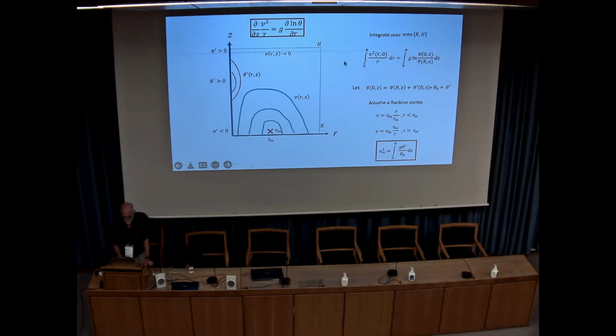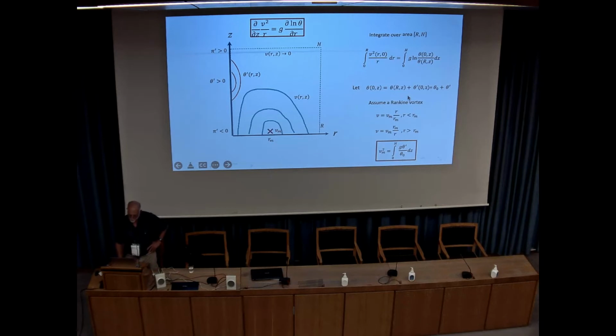Then integrating this in radius leaves this radial integral of V at the bottom equaling the integral over height of the temperature on the axis at a certain level as compared to the temperature far away. That would be the theta primed.